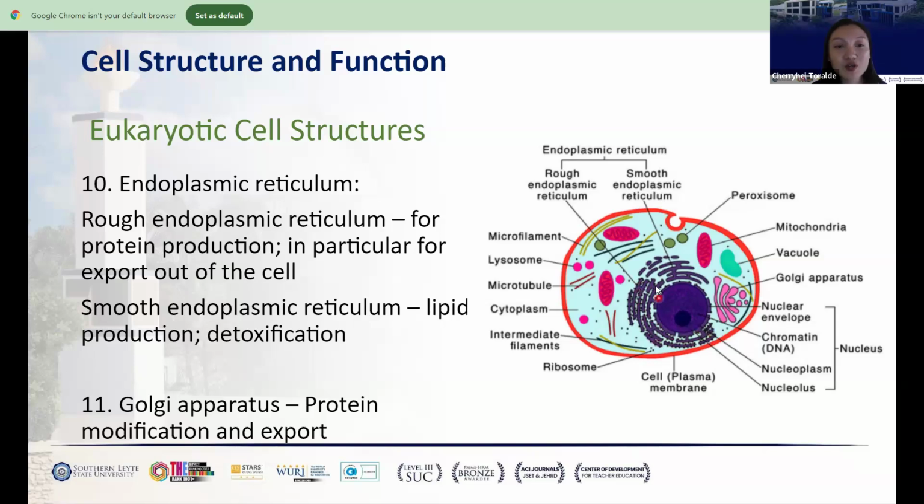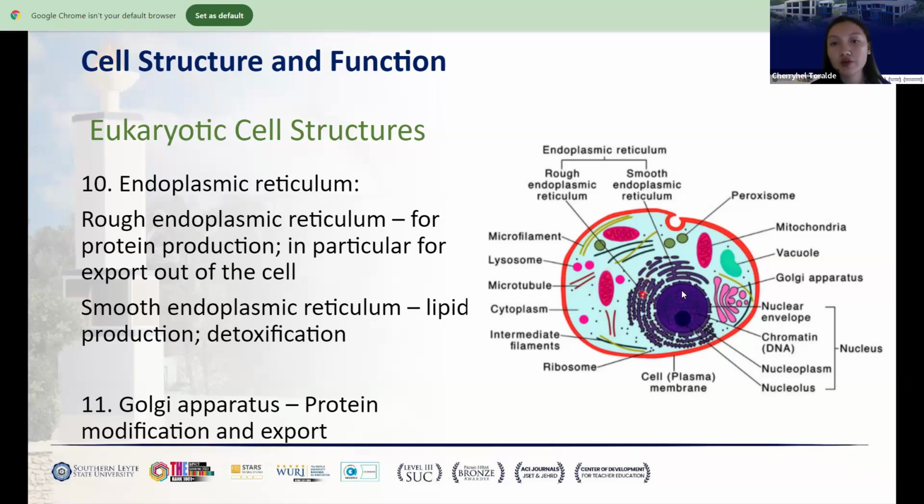Rough endoplasmic reticulum, which is responsible for protein transport and production. It's because what makes the rough endoplasmic reticulum rough, the ribosomes are actually attached to it. So, yan.